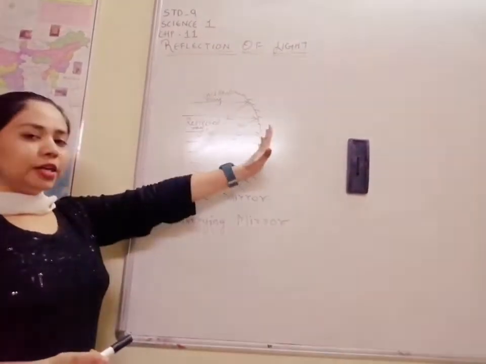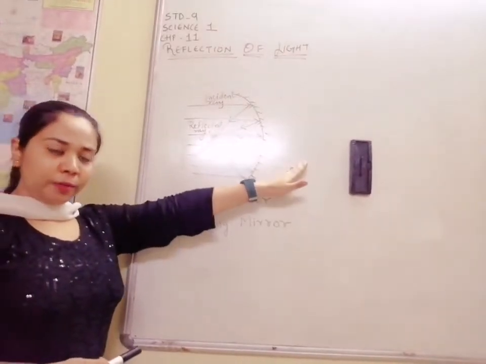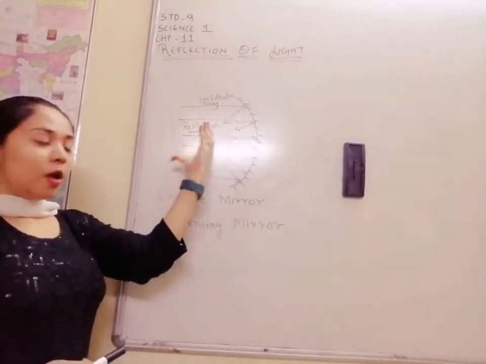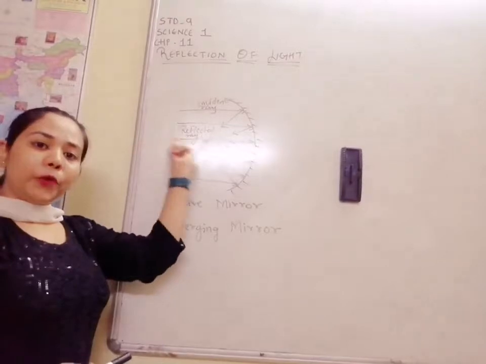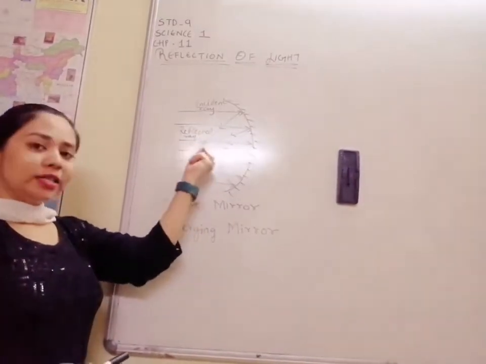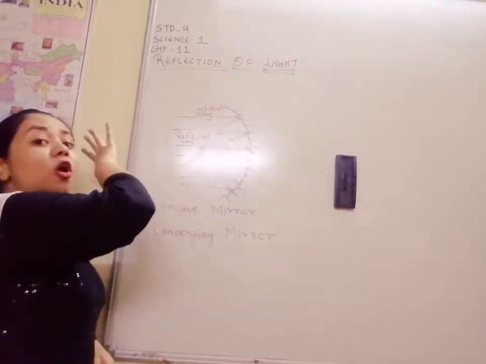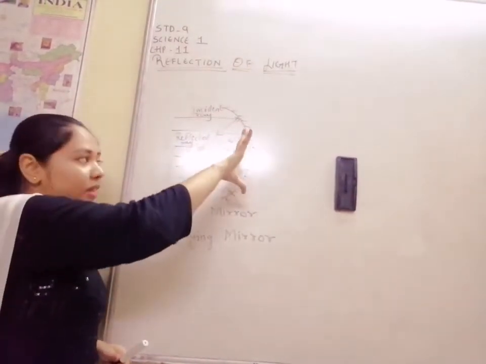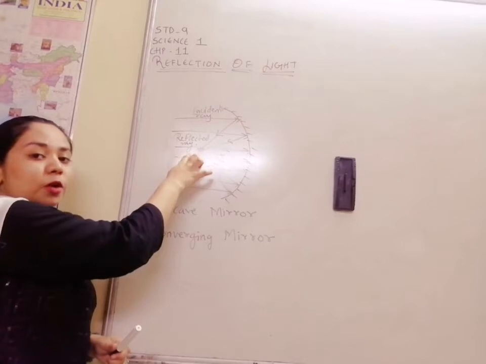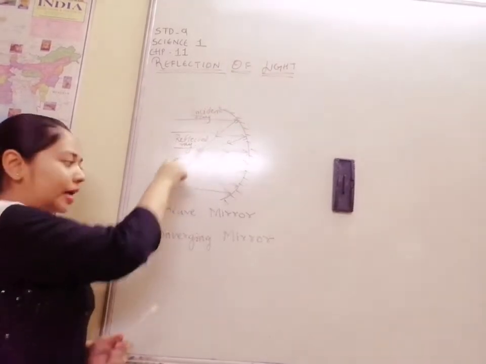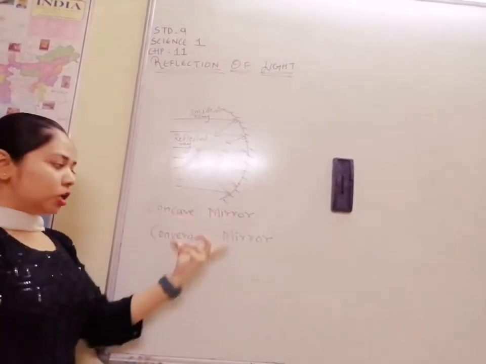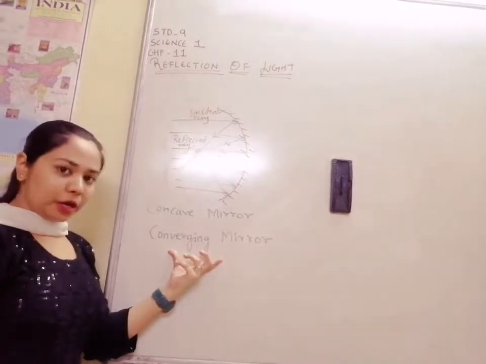Because all the incident rays after striking the mirror, the reflected rays will come at one single point and converge there. Whether the incident rays are coming like this, whatever. But if all the incident rays are parallel, the reflected rays will converge to one single point, and that's why concave mirror is also known as a converging mirror.